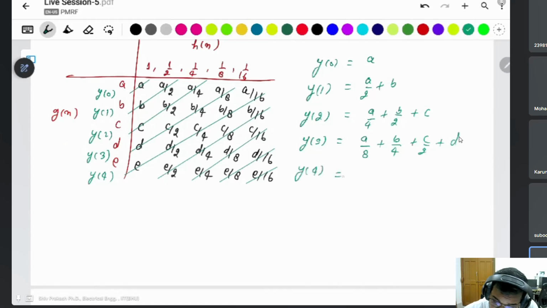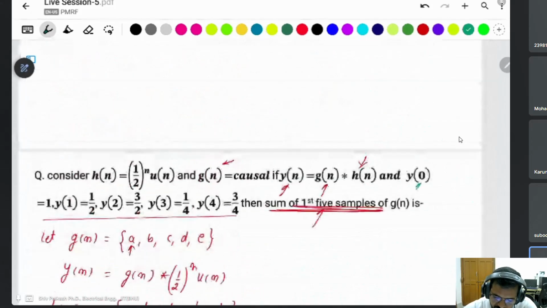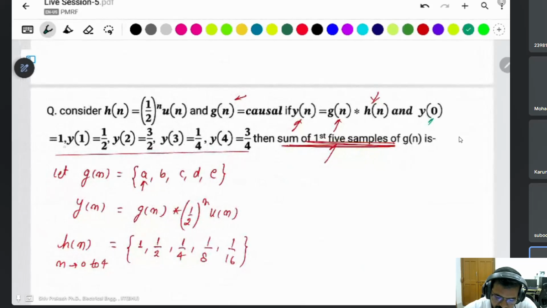And y4 is a by 16 plus b by 8 plus c by 4 plus d by 2 plus e. And y0, 1, 2, 3, 4 are given in this question. y0 will be 1, y1 is half, y2 is 3 by 2, y3 is given as 1 by 4, and y4 is given as 3 by 4.